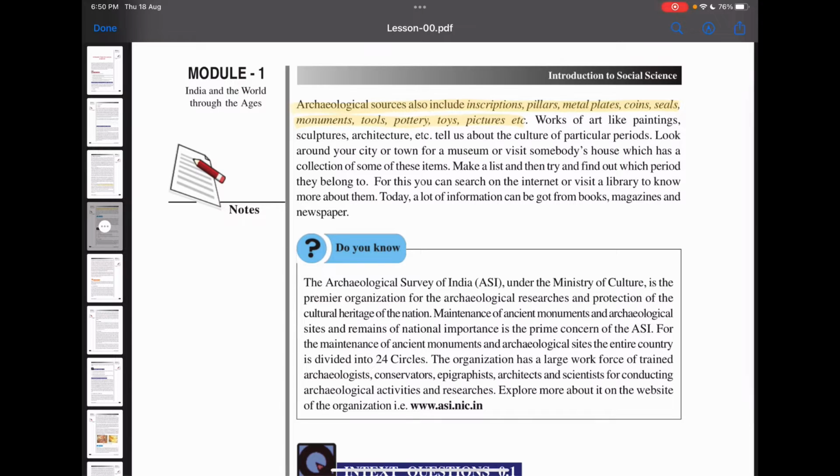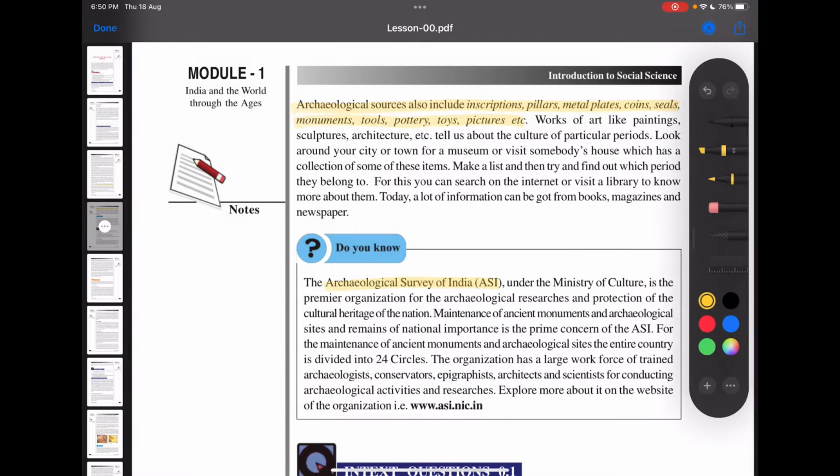Do you know the Archaeological Survey of India under the Ministry of Culture is the premier organization for the archaeological research and protection of the cultural heritage of the nation? Maintenance of ancient monuments and archaeological sites and remains of national importance is the prime concern for the ASI.